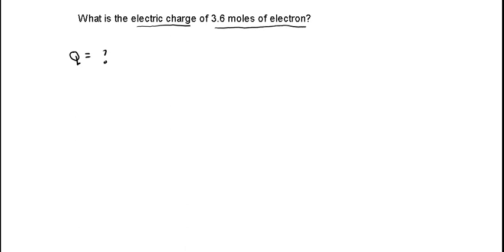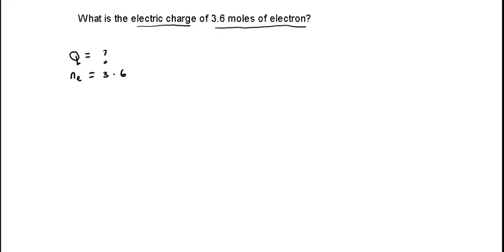So we have it as the number of moles of electron, 3.6. Now we try to find out the equation that relates the quantity of electric charge with the number of moles of electron.